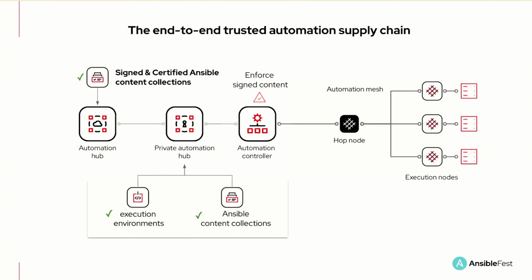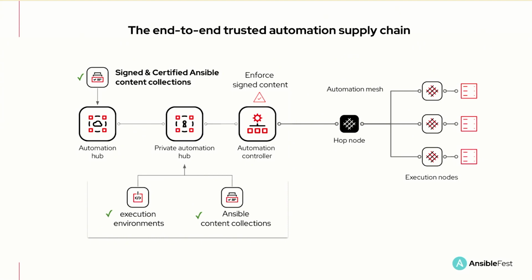So this is obviously a subset of the hundreds of thousands of collections that are out there in the wild that Red Hat curates and makes available to our customers along with our partners. For instance, Azure and AWS write their own collections. We secure them and make them available to our customers. So that's one point where you get signed certified content.